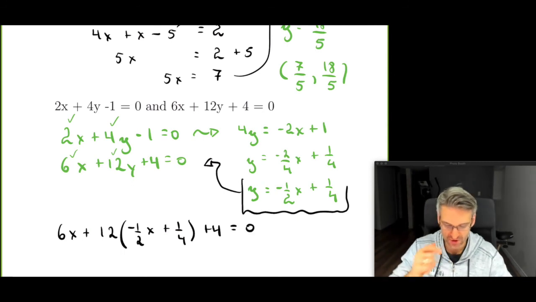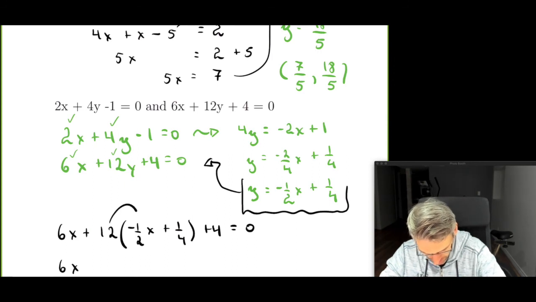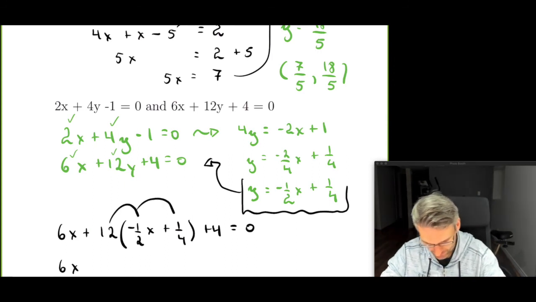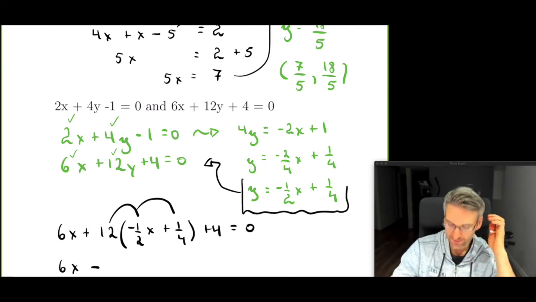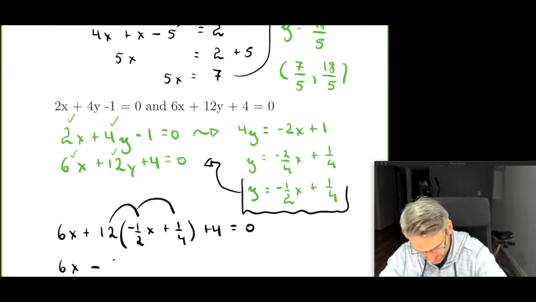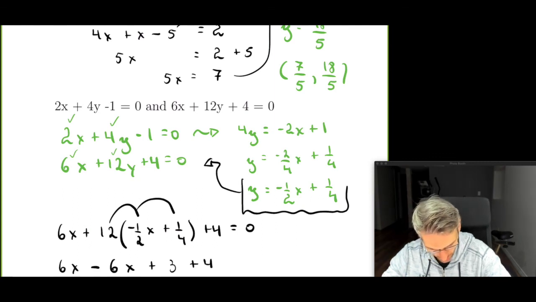Now we want to solve for x. I'm going to distribute: 12 times 1/2 is 6, and 12 times 1/4 is 3, plus 4 is equal to 0.